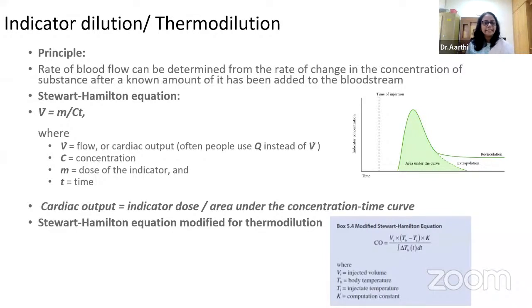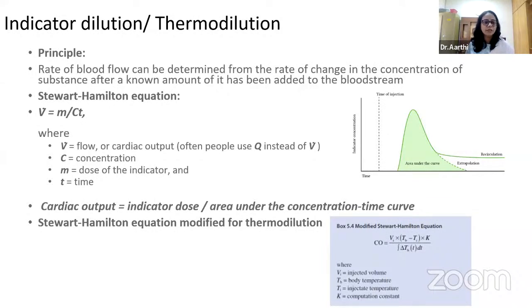Coming to the indicator dilution or thermodilution. Whatever the methodology, they can either use a dye, or they can use saline, or cold saline, which assesses the temperature change, or a dye which uses the concentration change of the indicator.